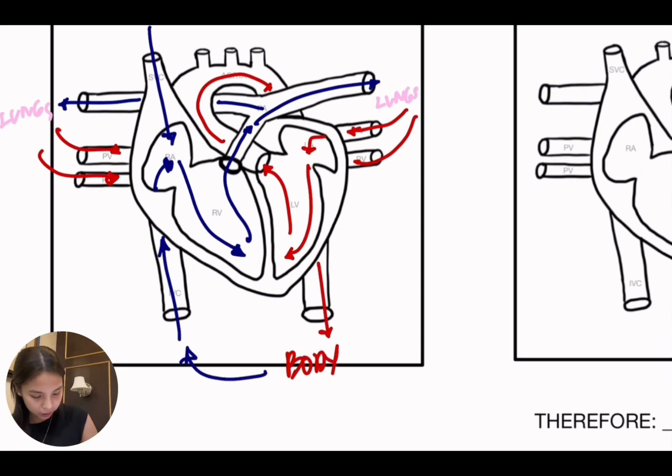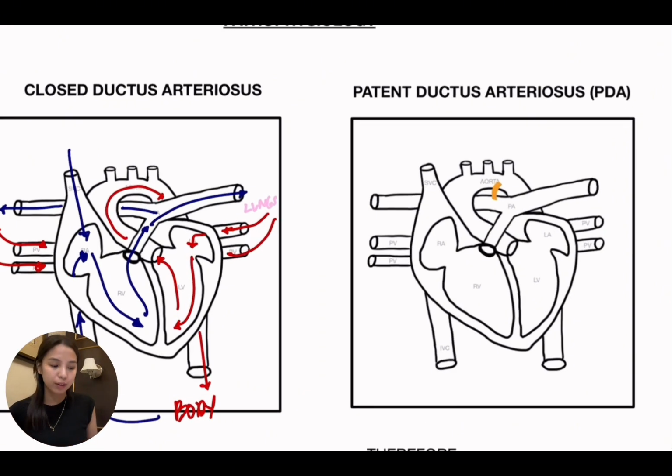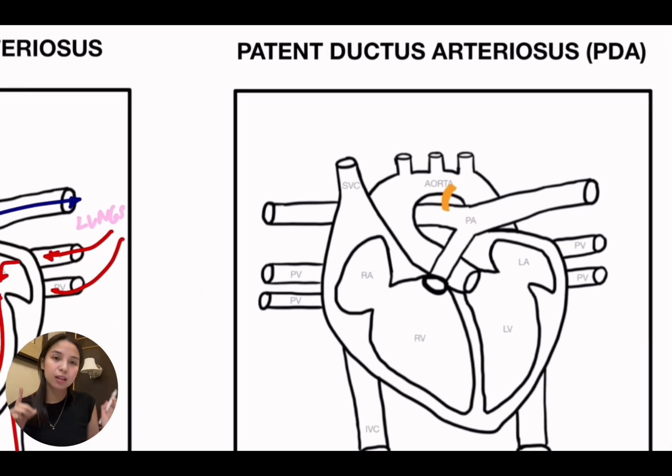And the cycle continues. Again, that is normally how it is supposed to look once your ductus arteriosus closes. However, what happens in the ductus arteriosus that fails to close? Now, our lungs are functional here already, but there is a ductus arteriosus that shunts blood away from the lungs.